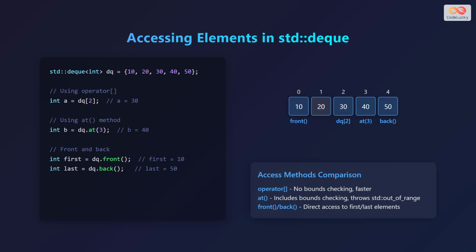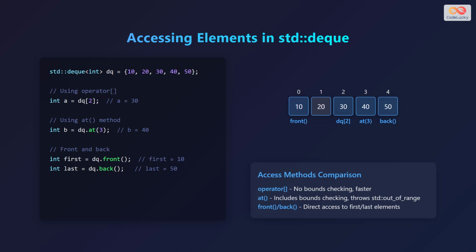Now let's explore how to access elements within a standard Deque. Start with a std::deque named deque, containing 10, 20, 30, 40, and 50. To use the square bracket operator, a will be equal to deque[2], which accesses the third element, 30. To use the at method, b will be equal to deque.at(3), accessing the fourth element, 40.